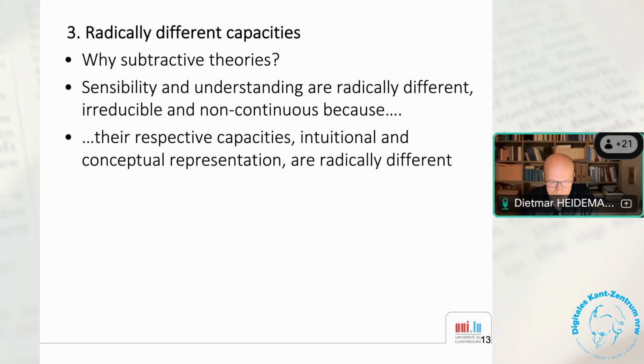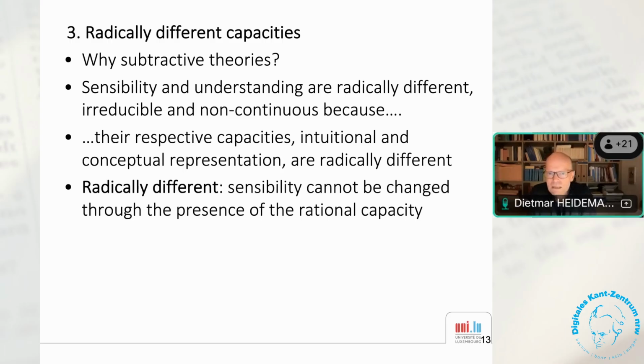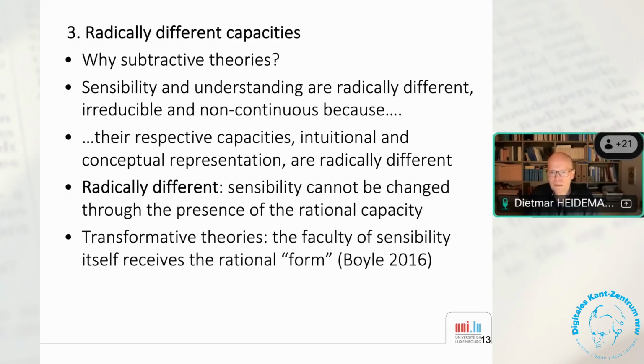That's my point. Radically different means sensibility cannot be changed through the presence of the rational capacity, because this is what Boyle, McDowell, and others argue. It is possible, they say, to change the nature of sensibility by the mere presence, as Boyle says, of rationality. So in transformative theories, Boyle says the faculty of sensibility itself receives the rational form.